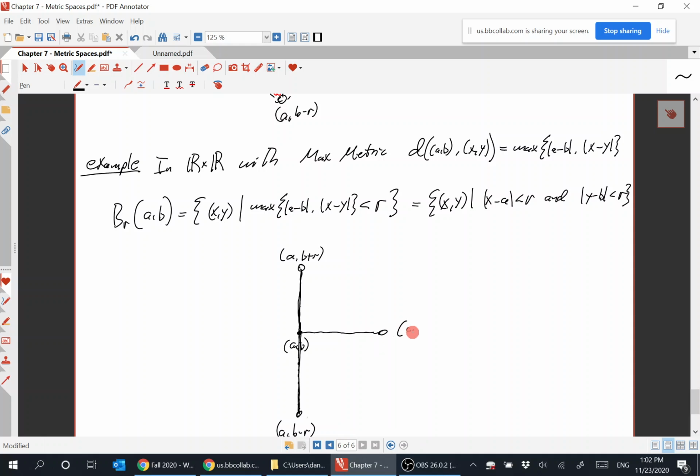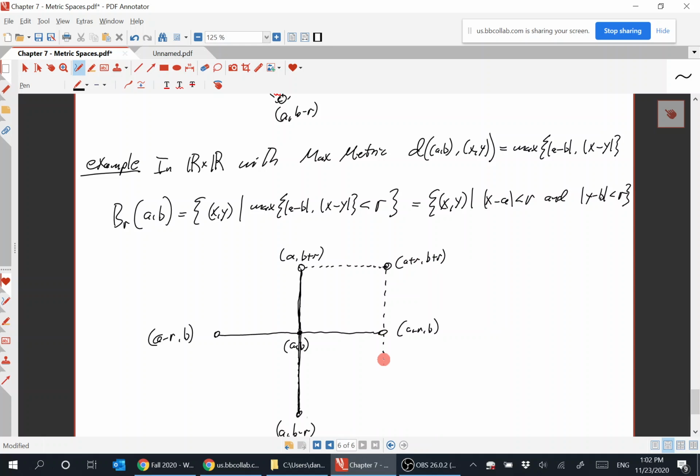So this is a plus r, b, and this is a minus r, b. So which other points do I have here? Think about moving that whole line, and what do I get? I get this whole square. This is the point out here, a plus r, b plus r.